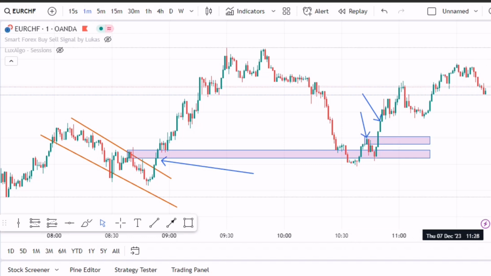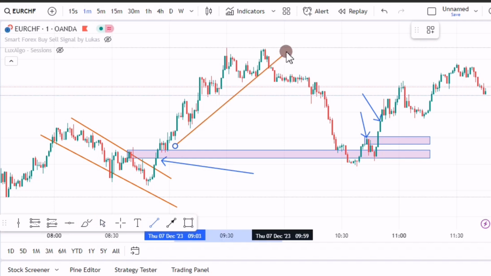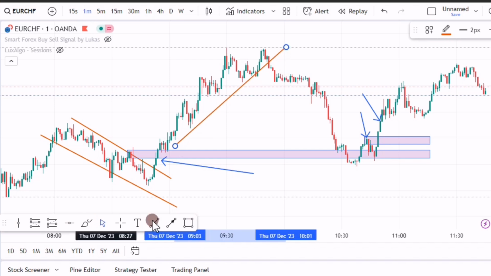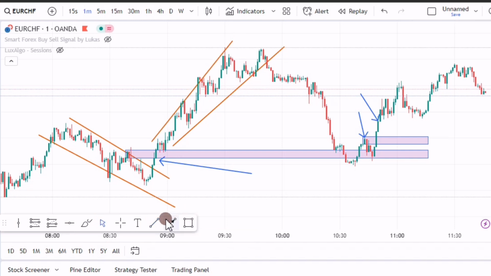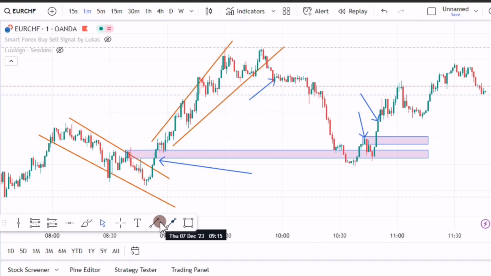So I used that theory here. For example, if you can do this, let's say this is a channel. Price broke out of that channel from here. Let's mark that.